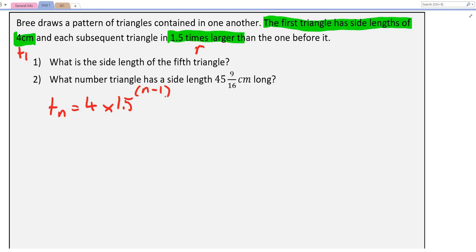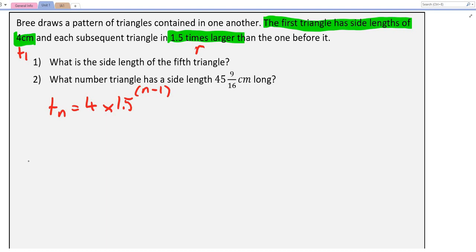If I want to find the fifth triangle, that means I've increased its size 4 times. The first one is just the size it is. The second one has been increased. Third one increased. Fourth one increased. Fifth one increased. So 4 jumps. What that really means is we're timesing by 1.5 4 times, and that'll get us the side length.